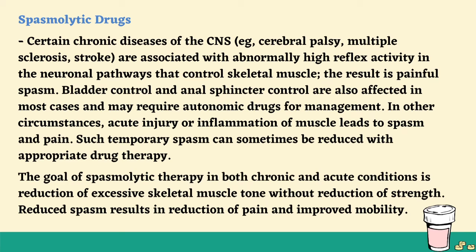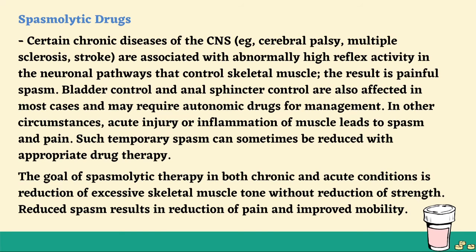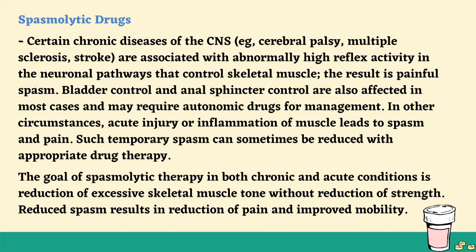In other circumstances, acute injury or inflammation of muscle leads to spasm and pain. Such temporary spasm can sometimes be reduced with appropriate drug therapy. The goal of spasmolytic therapy in both chronic and acute conditions is reduction of excessive skeletal muscle tone without reduction of strength. Reduced spasm results in reduction of pain and improved mobility.